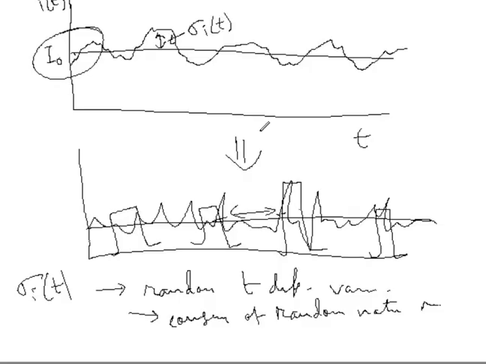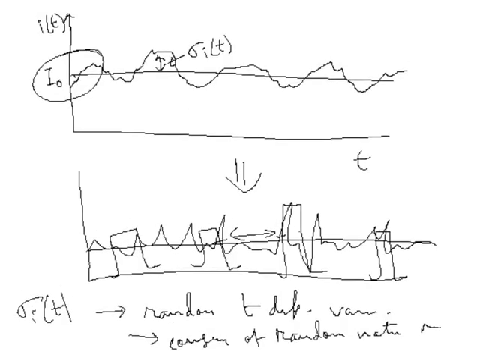Now, a statistical measure of this random component is the variance or the mean square value, which is defined as the time average of the square of the difference between the fluctuating current I and the average current I0. Let me write it down.